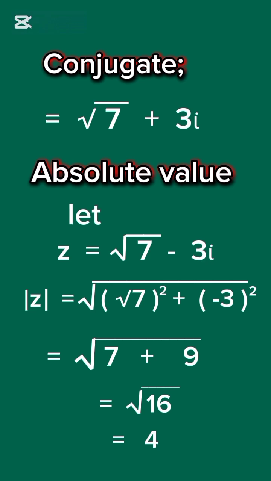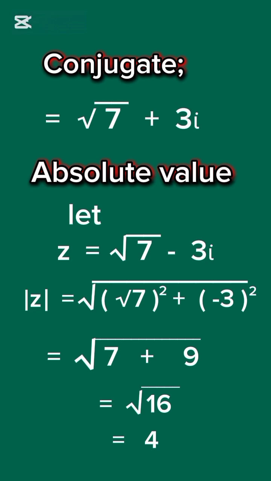The part -3 iota is the imaginary part. So we can say real part is square root of 7. Imaginary part is -3. If you need conjugate, then just change the sign of the imaginary part. So -3 becomes +3. So conjugate is square root of 7 plus 3 iota.